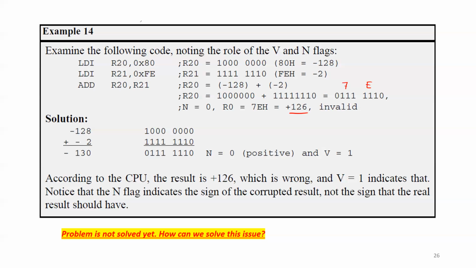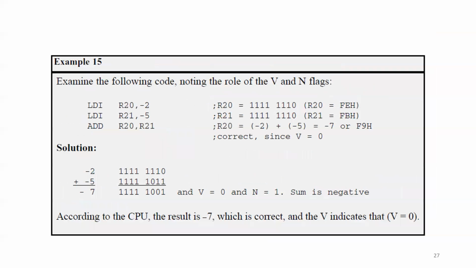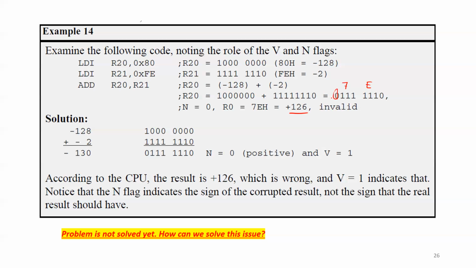So how can we figure out if it is wrong or not? Let's see again the values of the flags. For the flag values, you have N equals 0 because the last number is 0. This means it's a positive number, it's not a negative number.